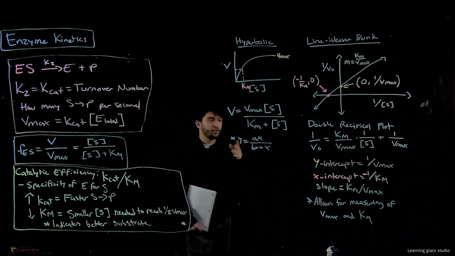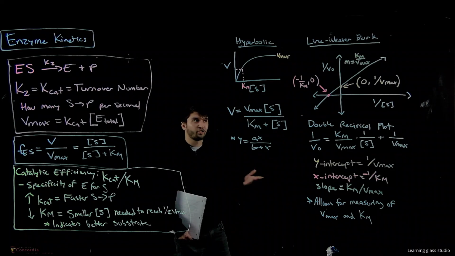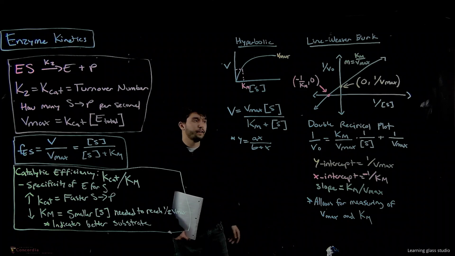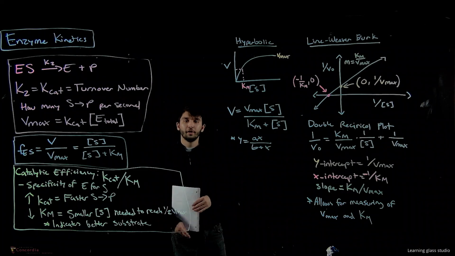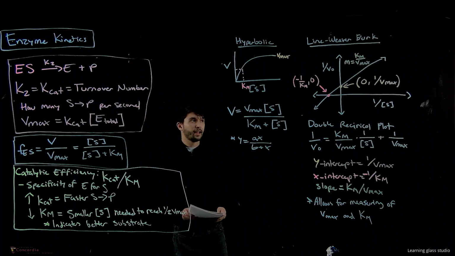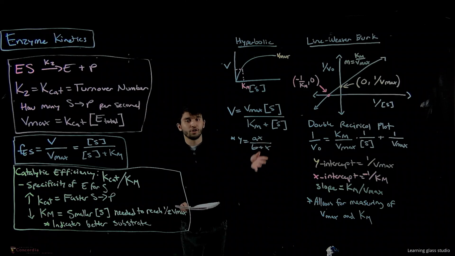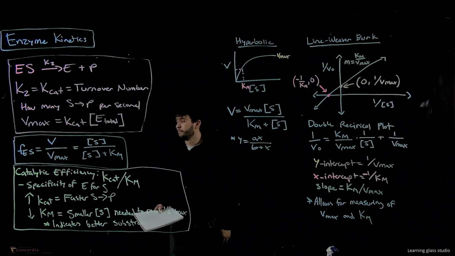Using this Lineweaver-Burk plot, it's very easy to calculate Vmax and Km just given the equation of the straight line. It makes the math much more simplistic. So the next thing we're going to look at is a practice problem where we will make a Lineweaver-Burk plot and use this equation to solve for Vmax and Km.